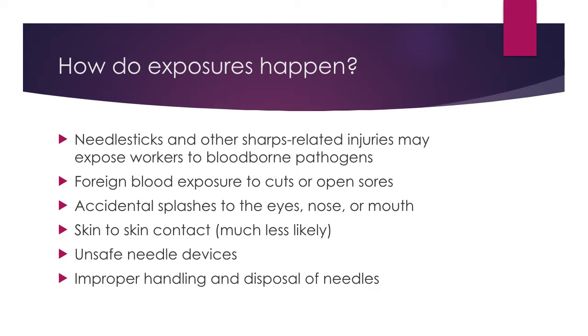Foreign blood exposure can happen when an employee or a patient has cuts or open sores. There have been accidental splashes to the eyes, nose, or mouth. Skin-to-skin contact, while a much less likely route of exposure, can occur. Using unsafe needle devices, and the improper handling and disposal of needles, especially in the patient care setting.